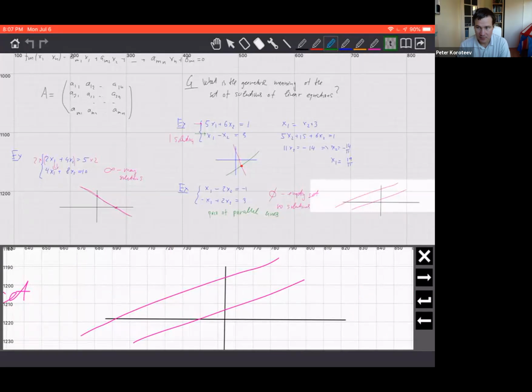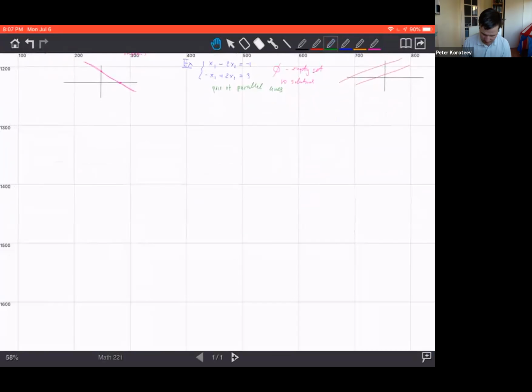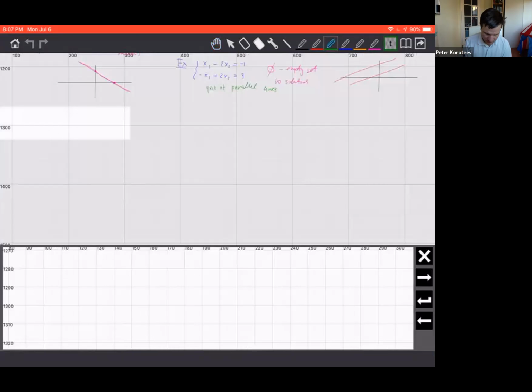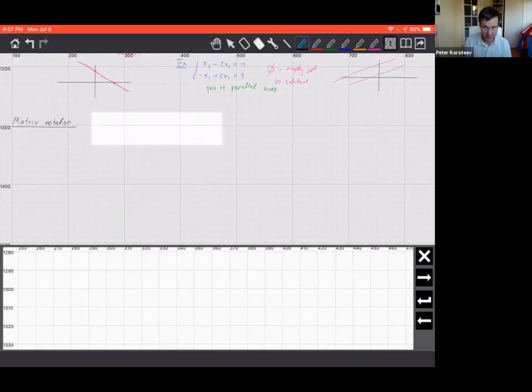Now, today we'll start with studying the set of solutions of linear equations using matrix notation. Let's elaborate this using an example. So let's look at the following system of equations.